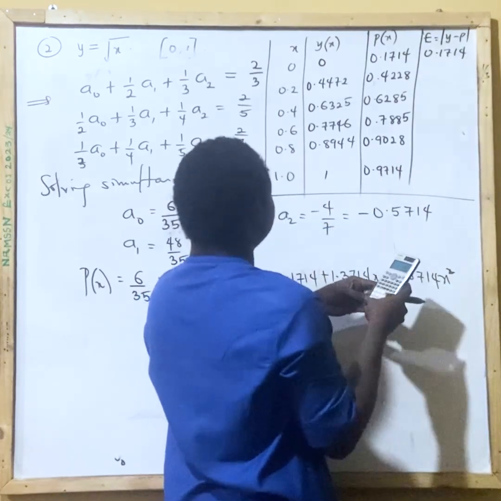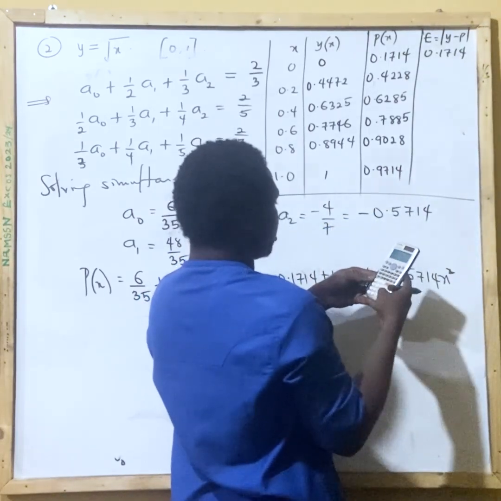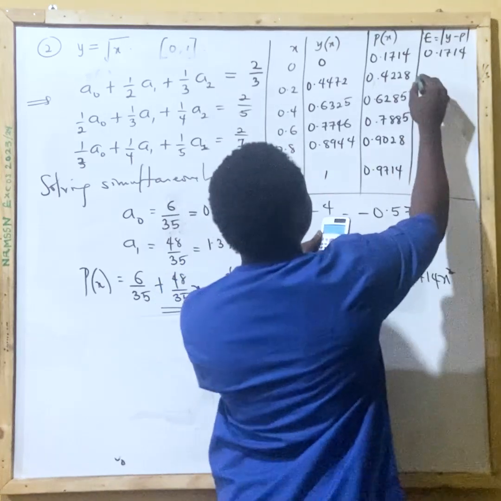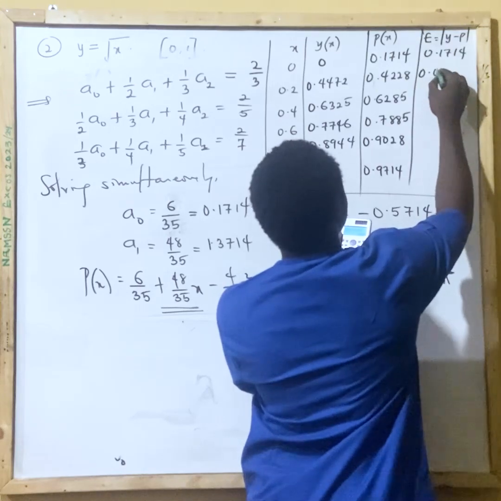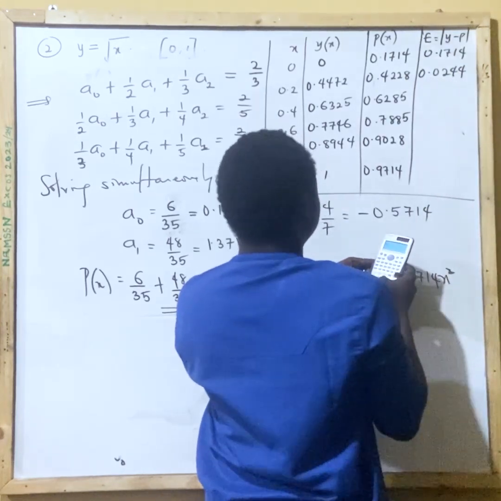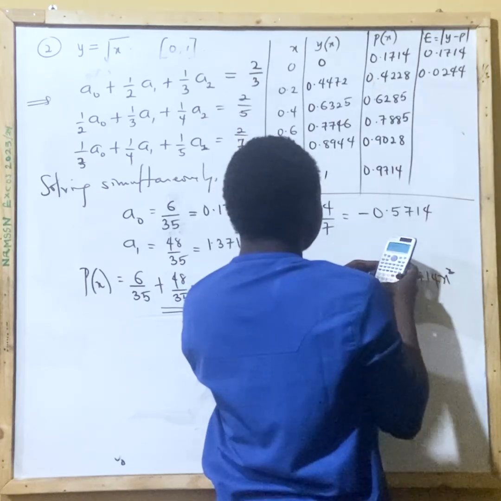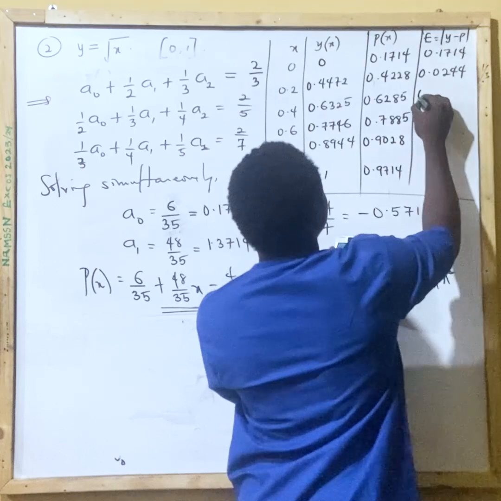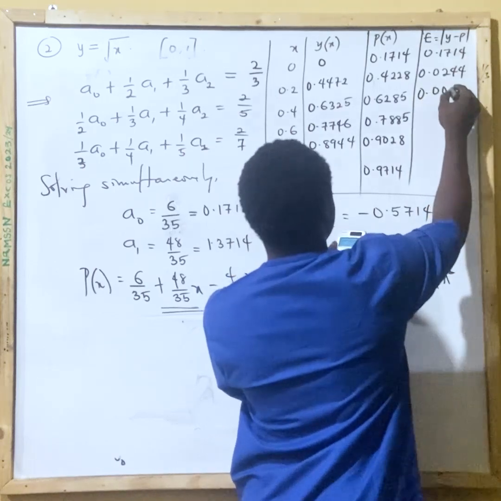The next one will be 0.4472 minus 0.4228. That is 0.0244. 0.6325 minus 0.6285. That's 0.004.